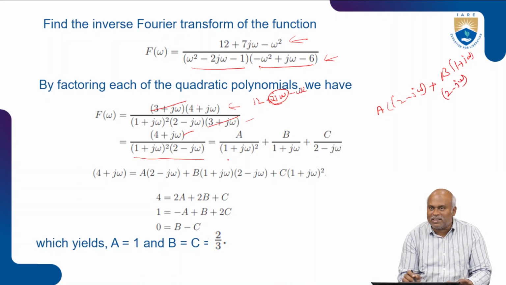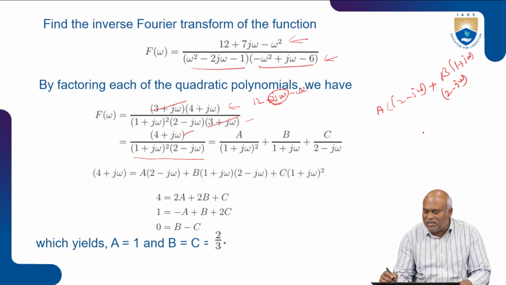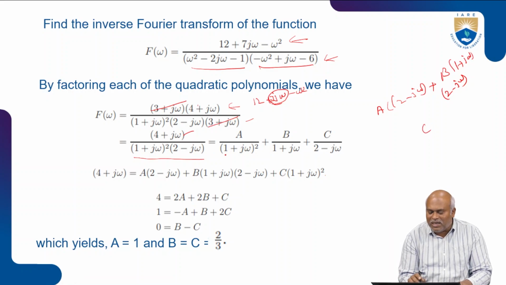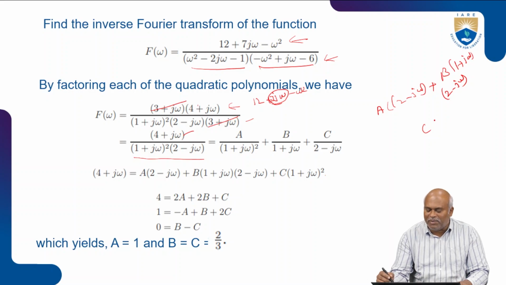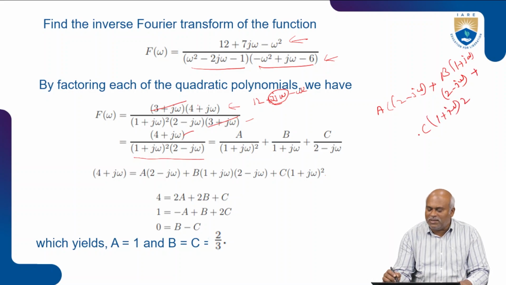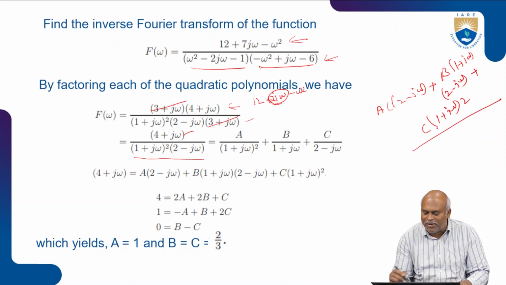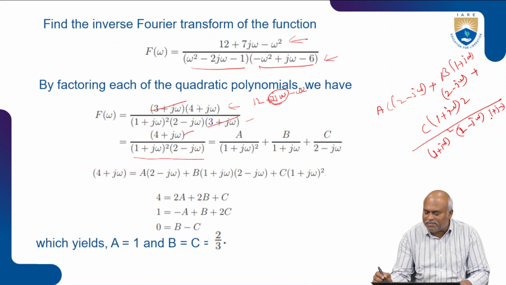So that one cancels. Remaining is C with (1 + j omega)^2. This portion is divided by the whole term (1 + j omega)^2 (2 - j omega).